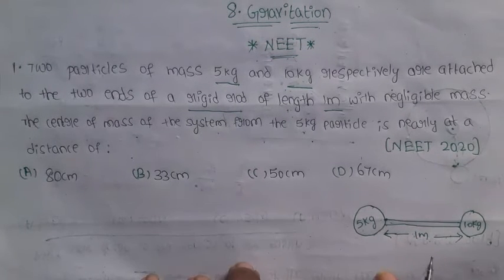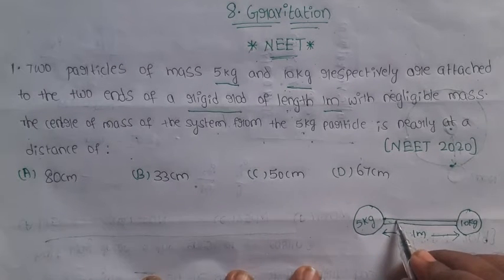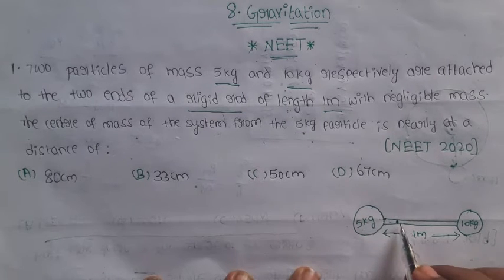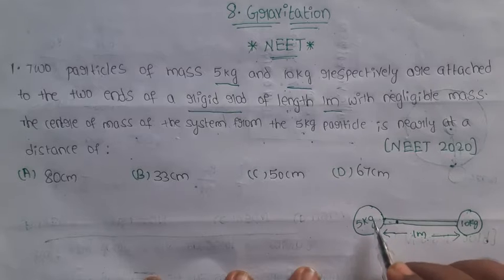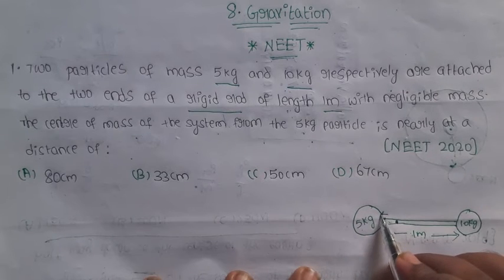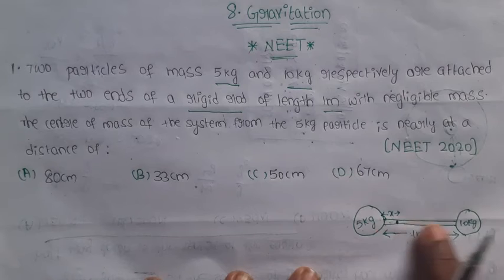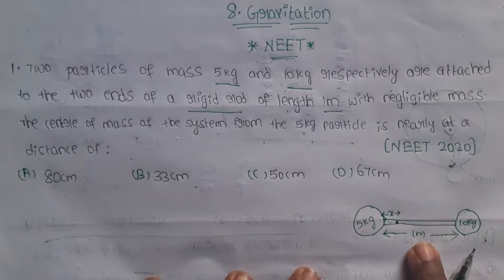The center of mass of the system is near to the 5 kg object. So this is the center of mass that is near to the 5 kg object. We are going to find the distance from the center of mass to the object. Suppose this is the distance x. Total length of the rod is 1 meter.